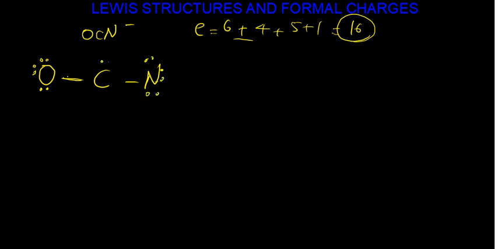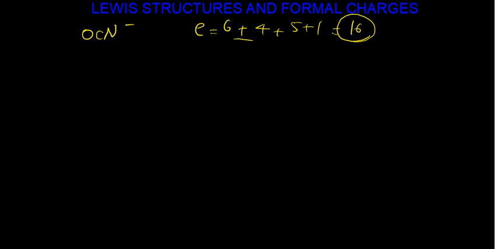Carbon lacks then 4. How many electrons have we used? So these are 6 on the oxygen, plus here 8, 10, 12, 14, 16, 18, 20. We've seen that we have even gone beyond. So this can't be the Lewis structure for this compound.